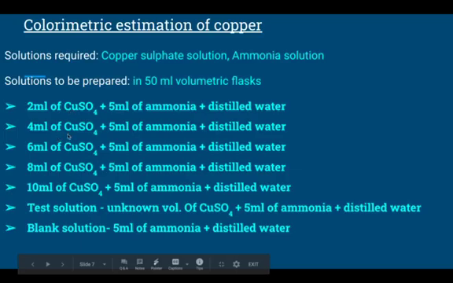Here the analyte is copper sulfate, so the blank solution is prepared without copper sulfate. It will have only 5 ml of ammonia and distilled water. Now all these made up samples are shaken thoroughly so that they all have a uniform concentration. Now the solutions are ready.